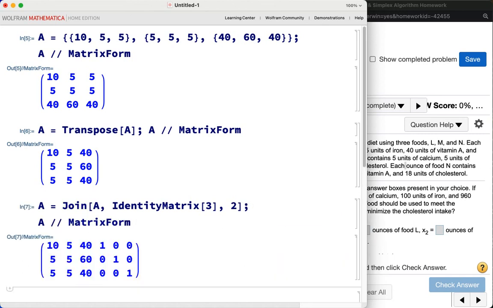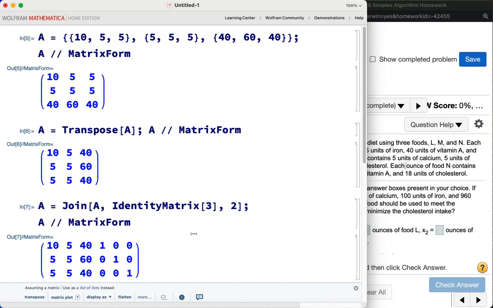Matrix form. Then I'm going to augment that with the coefficients on the right-hand side of my cholesterol function.